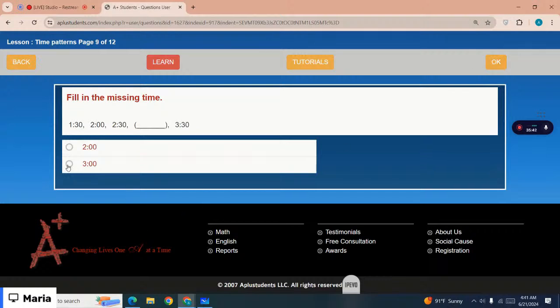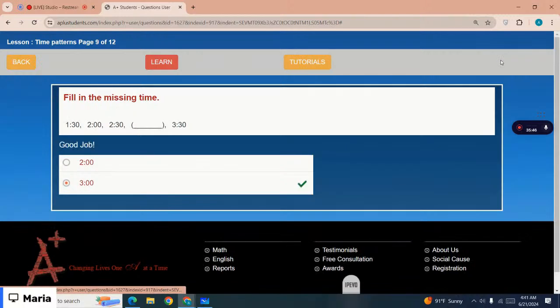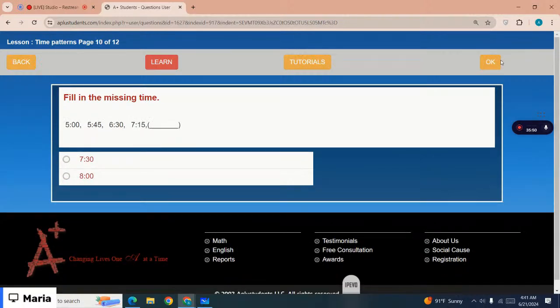The correct option is 3. Fill in the missing time, which is the correct option. Yes, 8 it is. Okay, you can complete the lesson by yourself later today.